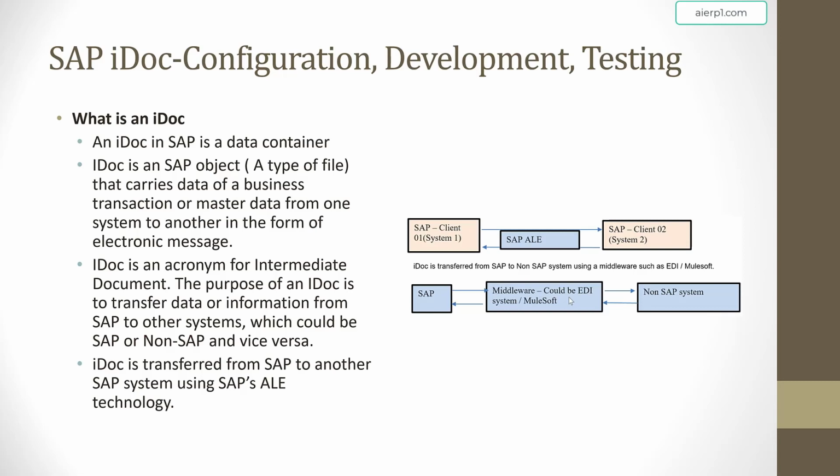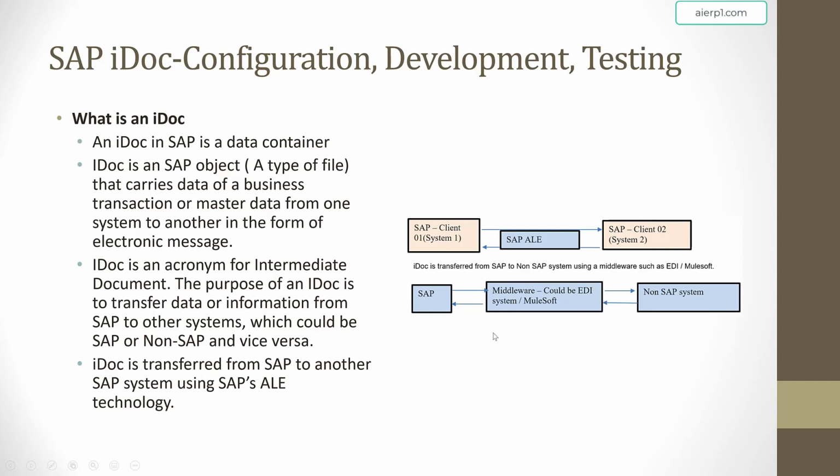An iDoc is transferred from SAP to another SAP system using SAP ALE, which is Application Link Enabling Technology. Now we have this shown in the image here. You see SAP System 1 sending the iDoc to SAP System 2 through SAP ALE. Right now, ALE is basically connecting the SAP to a middleware.